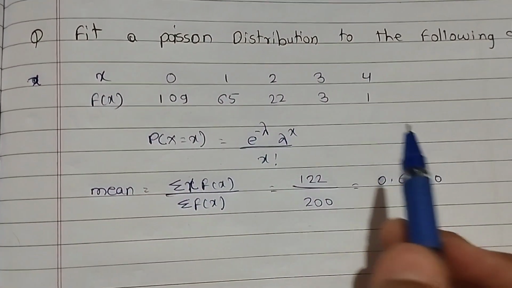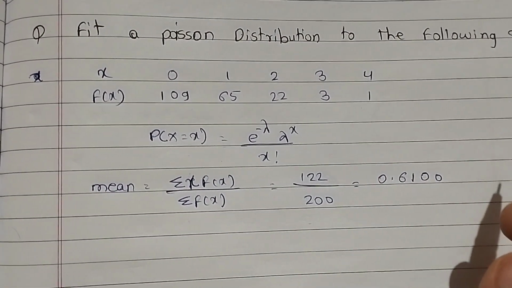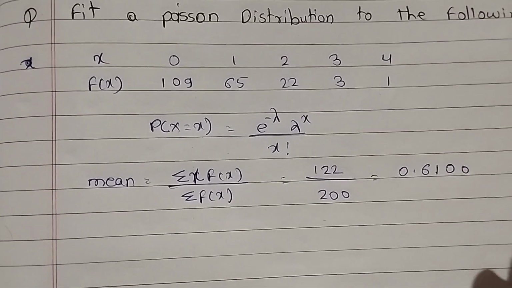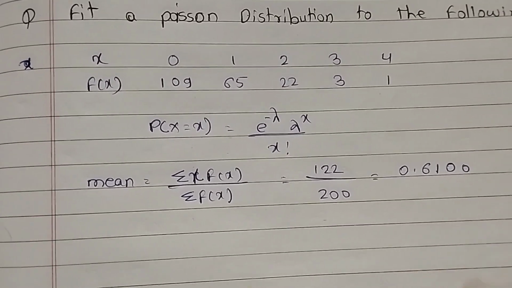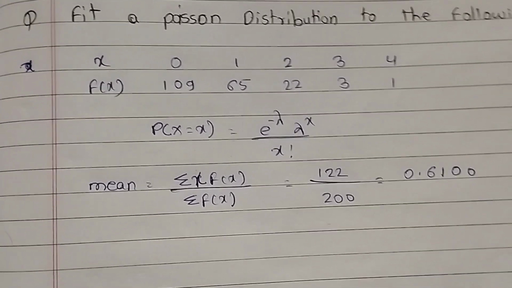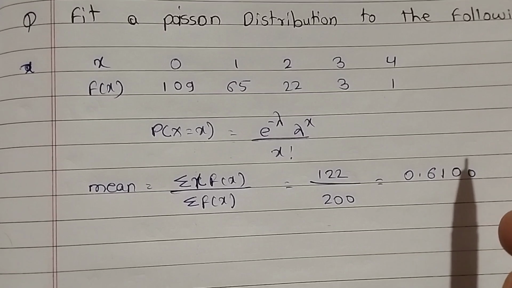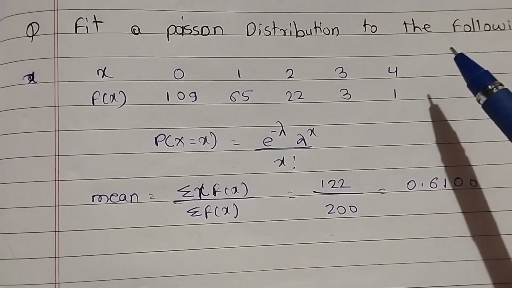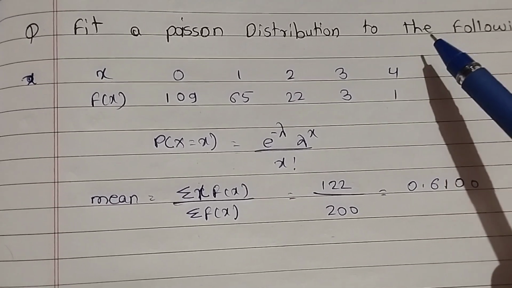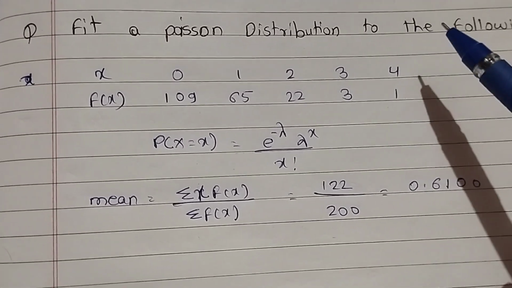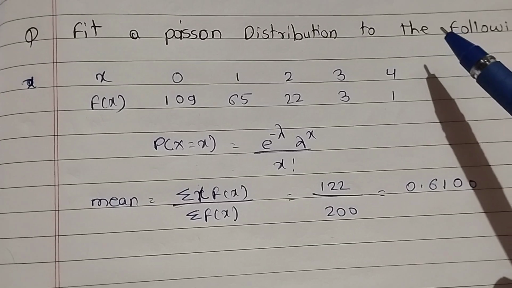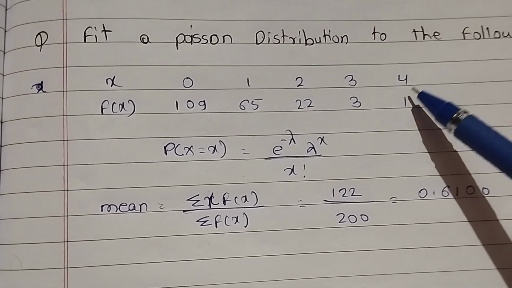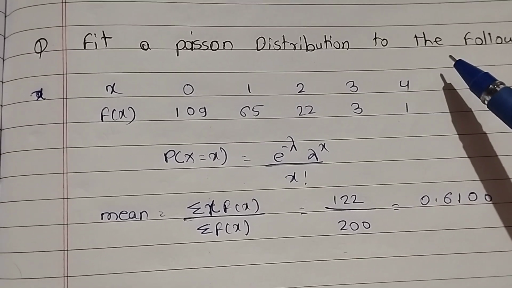And now we want to calculate the capital N, because when we fit any distribution, means Poisson's distribution or the binomial distribution, we know which columns we take. First we take x, then f of x, then the formula: if we want to fit the Poisson's distribution, then we take the formula of the probability of Poisson's distribution, or if the question is for the binomial distribution, then the third column is for the probability using the binomial distribution.